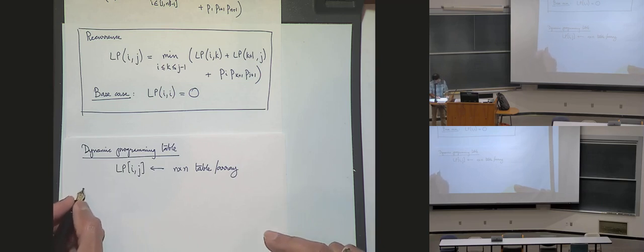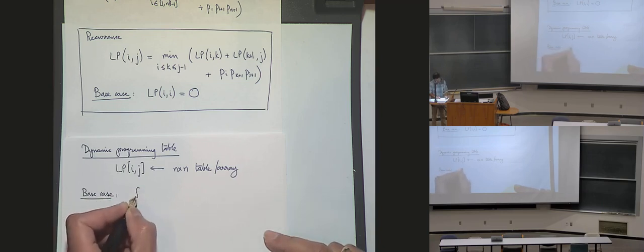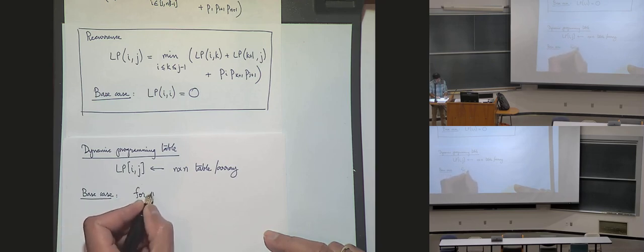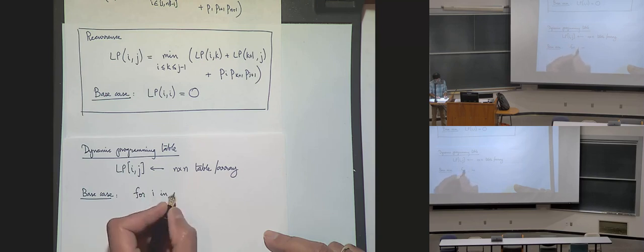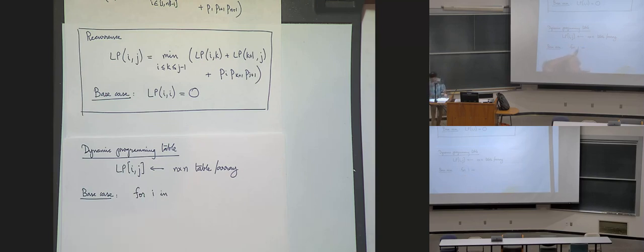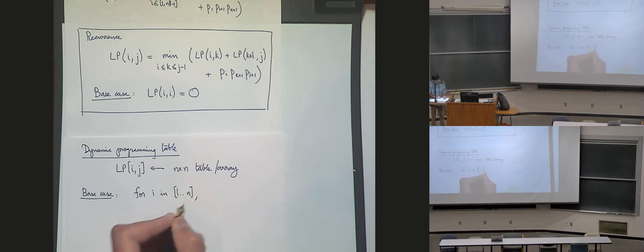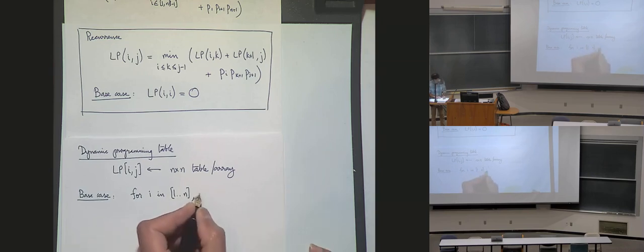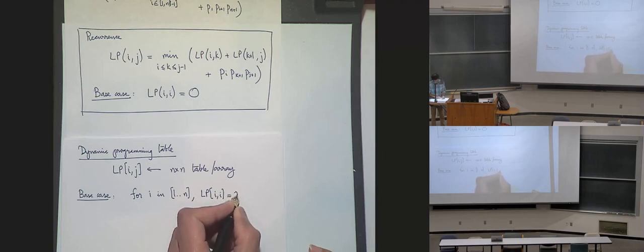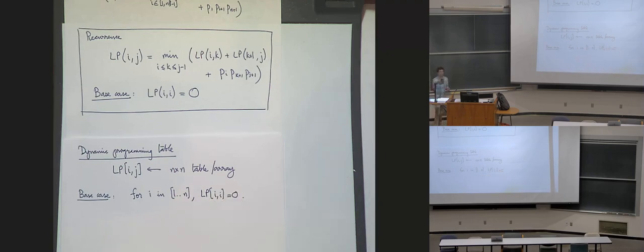What is the base case? The base case would be, for i in 1 to n, since I've been labeling this from 1, we'll just set LP of i,i equal to 0. That's the code that you would do for that.